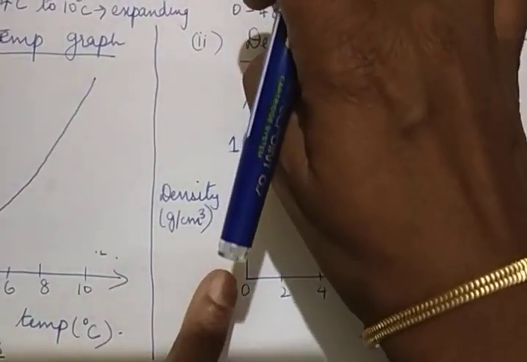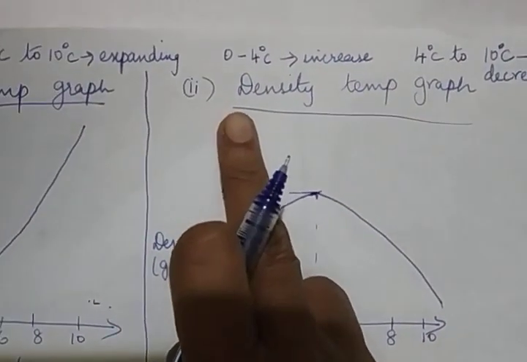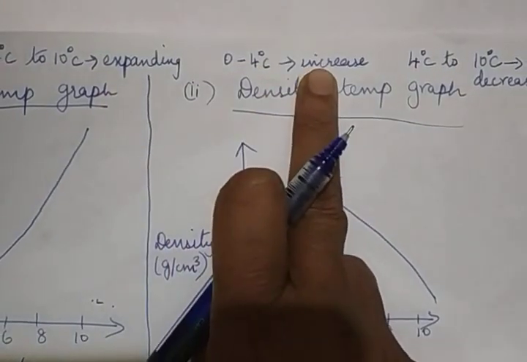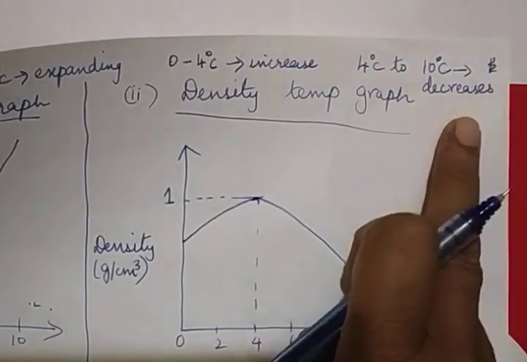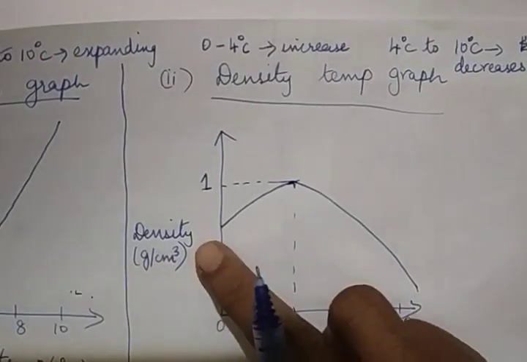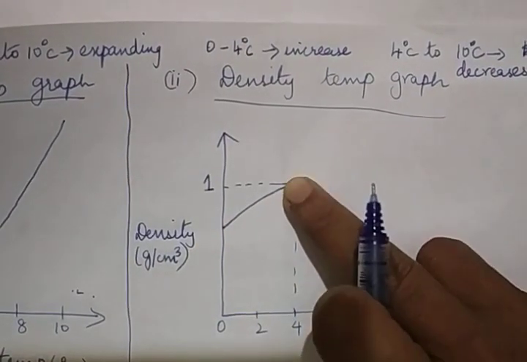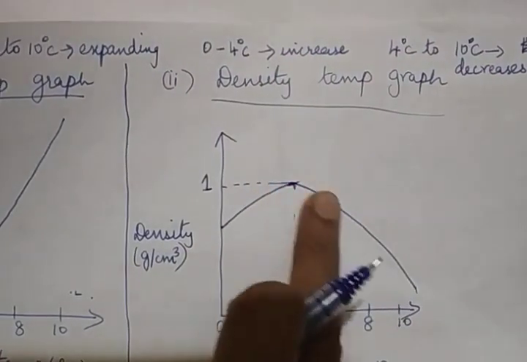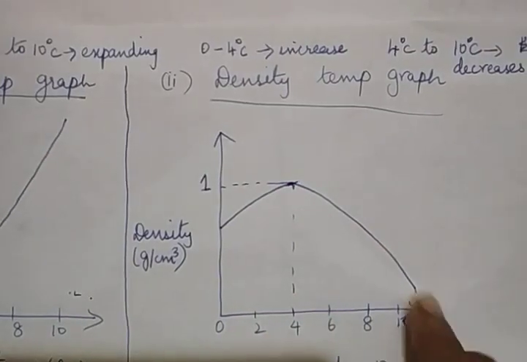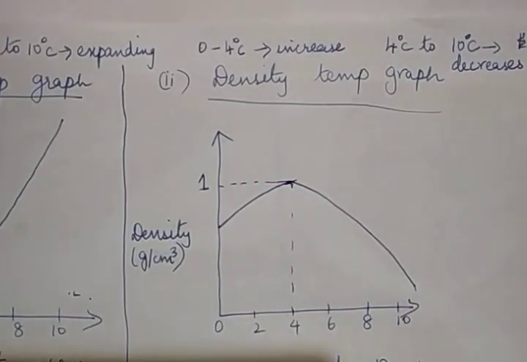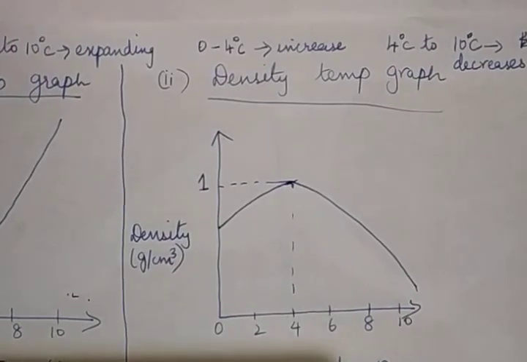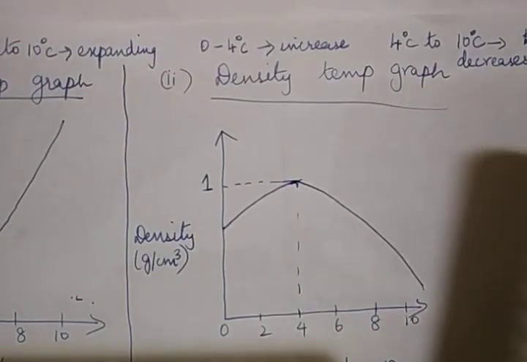You're heating from 0 to 10, and 0 to 4 density will increase. 4 to 10 density will decrease. It is maximum at 4, and after 4 the density will decrease. So this is the density temperature graph. Now, as I told you, one of these graphs usually comes in the exam.